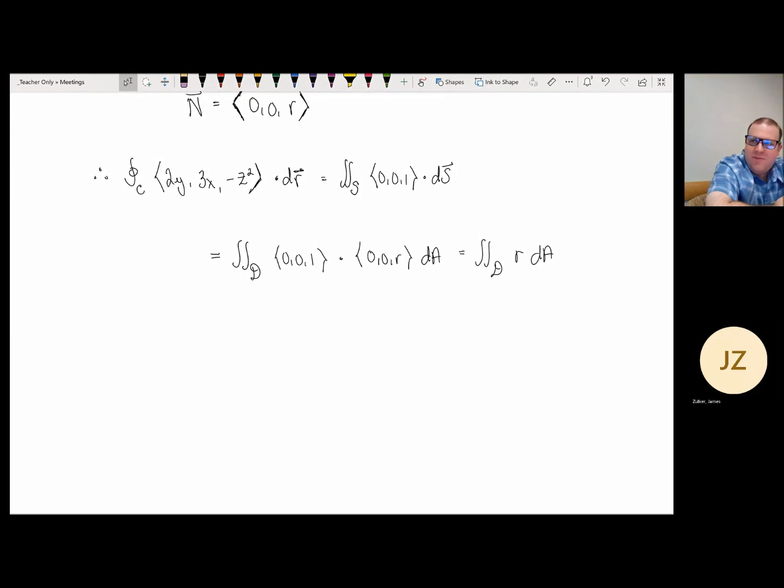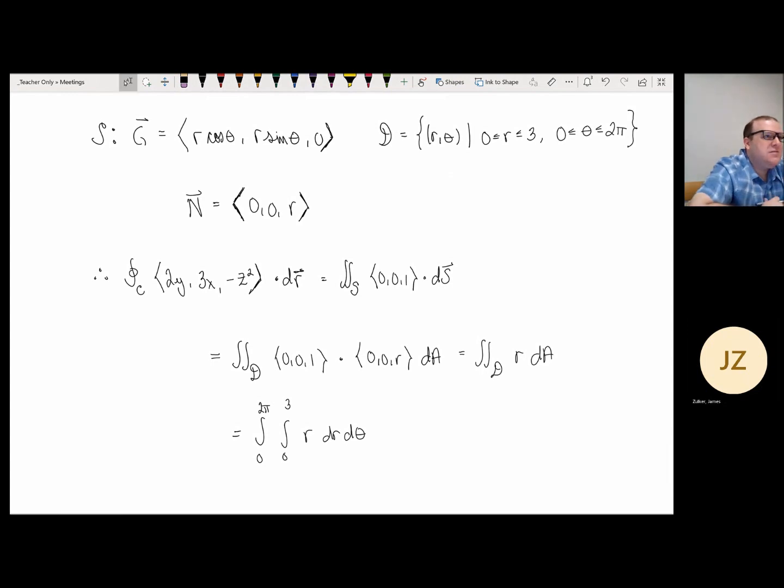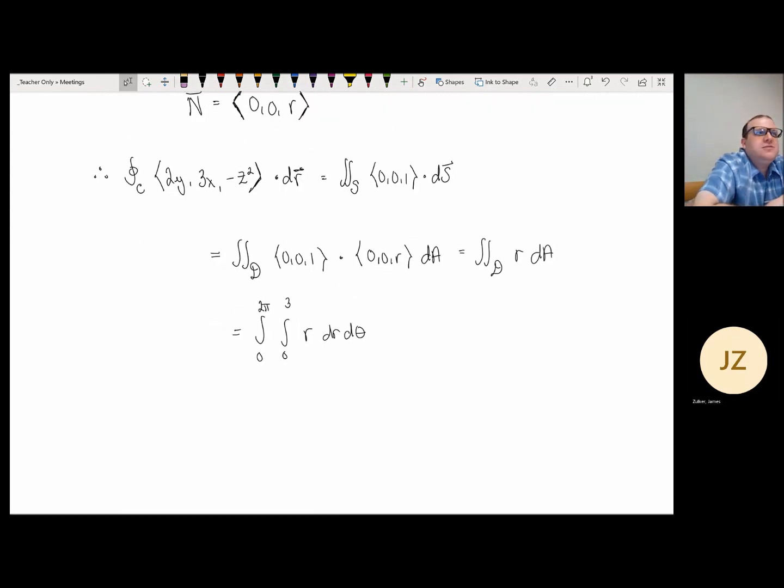This is what we have. You have to multiply by another r because you're changing to polar. I'm not changing to polar, am I? The parameterization is r, theta. However, recognize that is a polar area integral.